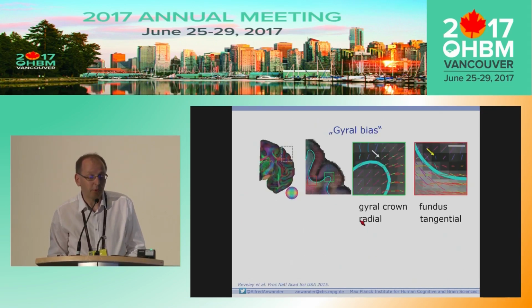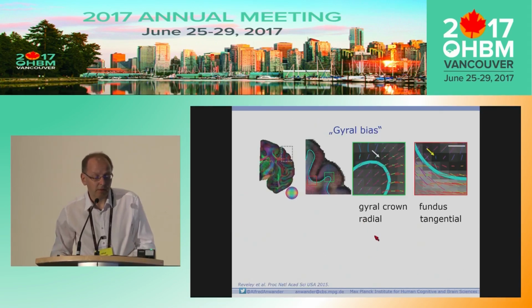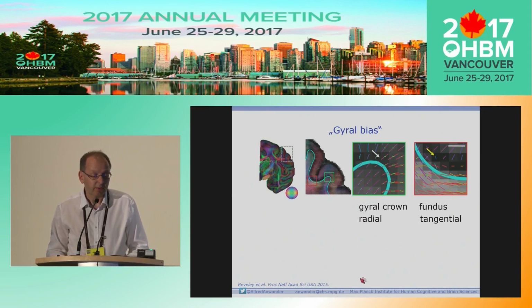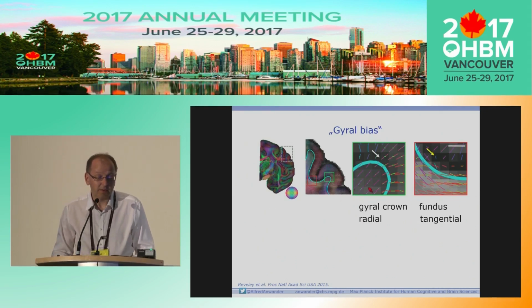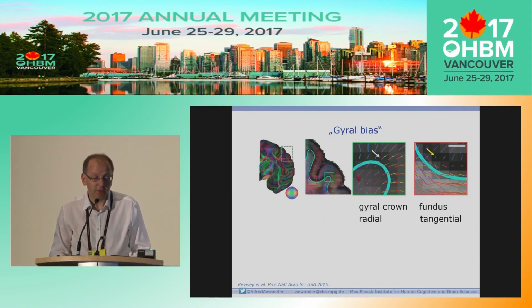Coming back to this gyral bias, this was published, I think, two years ago, in 2015. It was the simple observation that most of the streamlines end up at the gyral crown instead of ending here in the sulcus, since the streamlines just pass by, as the local orientations are tangential to the gyrus in the sulcal wall and also in the fundus, and they are perpendicular at the top.